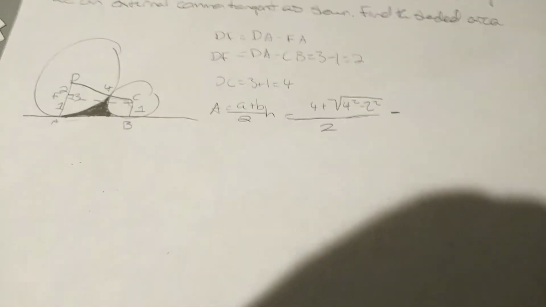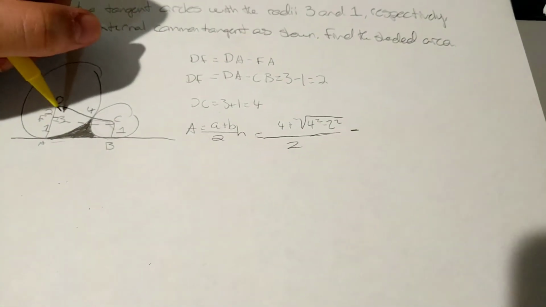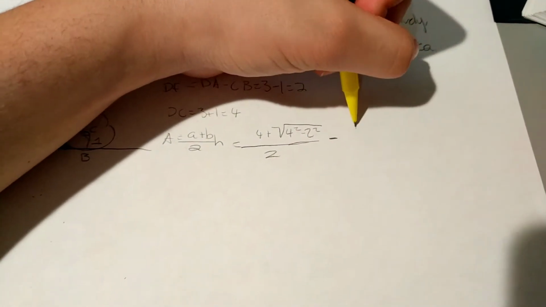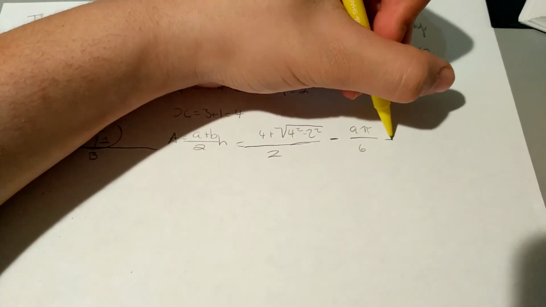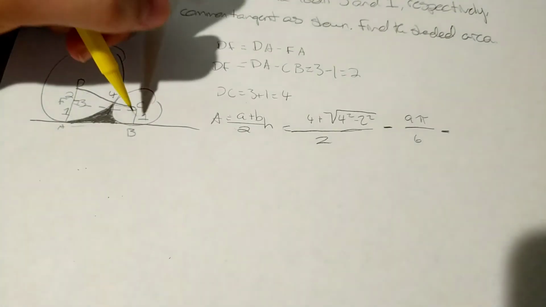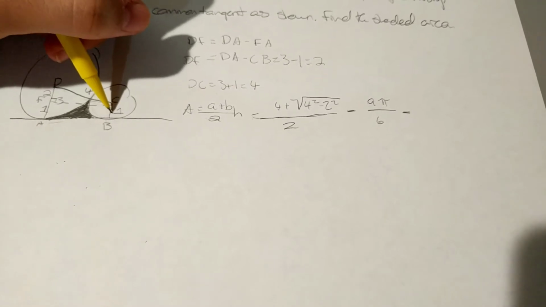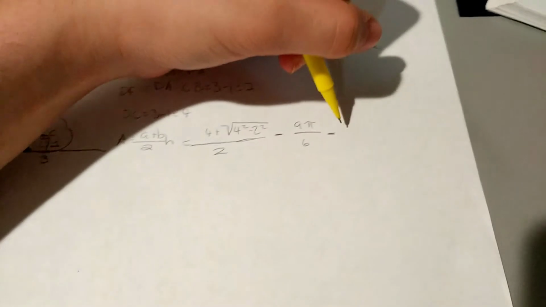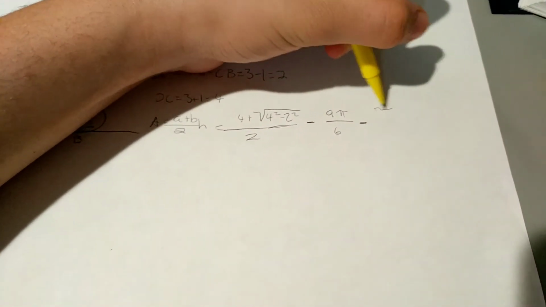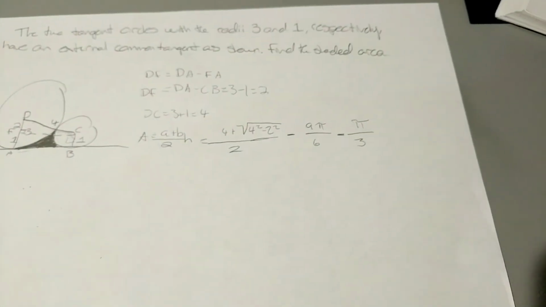So it would be the 60 degrees, which is 360 divided by 6. So it would be pi r squared, which is 9 pi, and then divided by 6 to make it 60 degrees, and then this is 120 degrees, so it's 30, and then plus this 90. So it's going to be pi 1 squared, or just pi divided by 3, because 360 divided by 3 is 120 degrees.